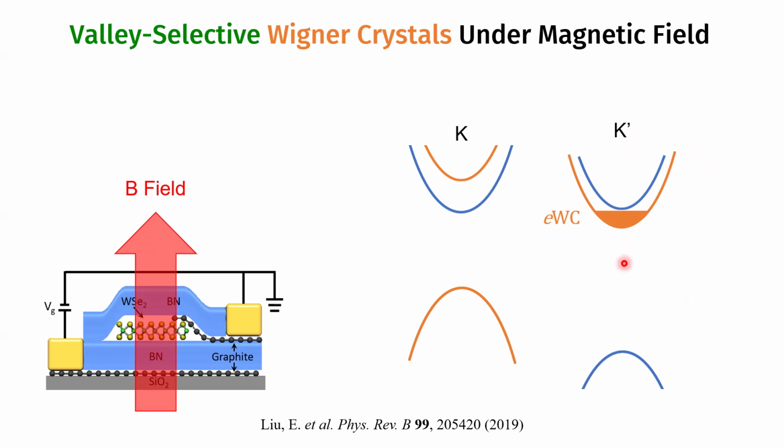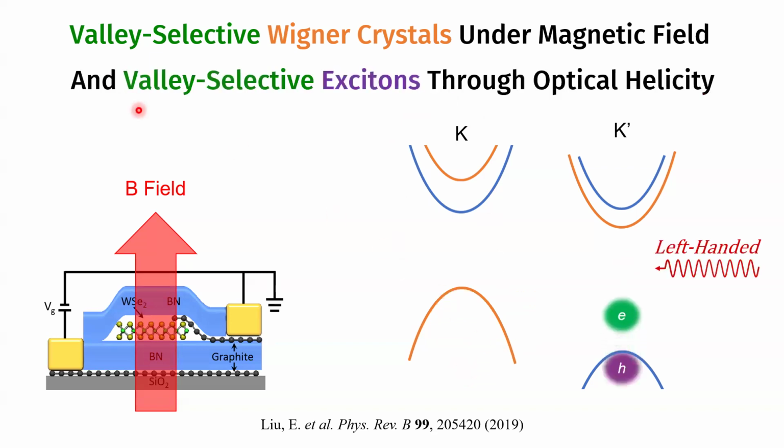We can do the exact same thing on the hole side to form a hole-based Wigner crystal in the K valley. And we, of course, can selectively analyze these valleys by exciting and collecting with only a single helicity of light.